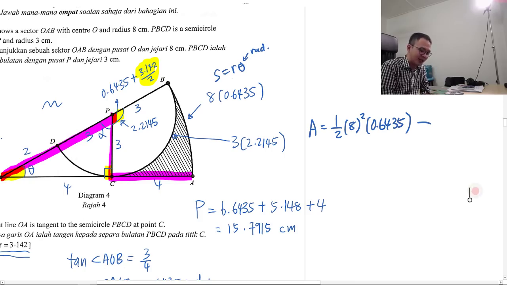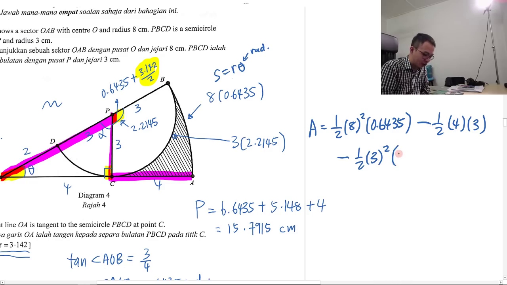This triangle is half times 4 times 3, and then minus this small sector, which will be half times 3 squared times theta, which is 2.2145. So I use a big sector minus a triangle, minus a small sector, then I get my shaded region.